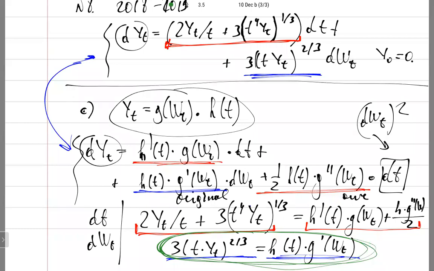Because we clearly see the ht, and because ht is non-random, we may guess.